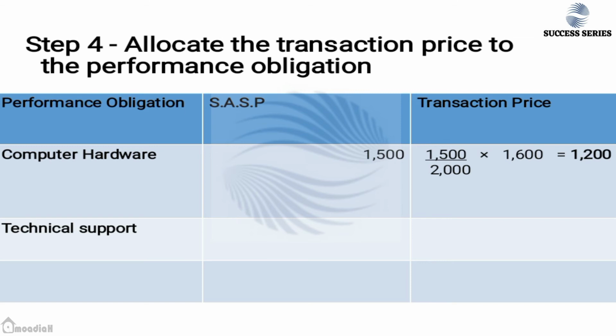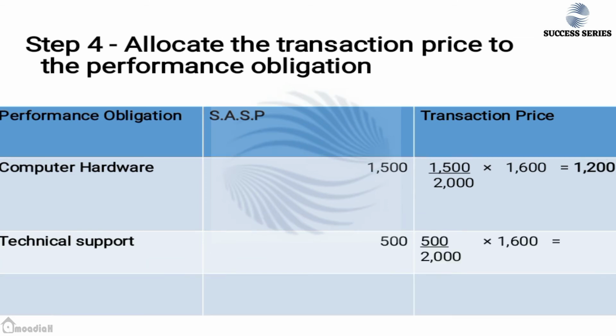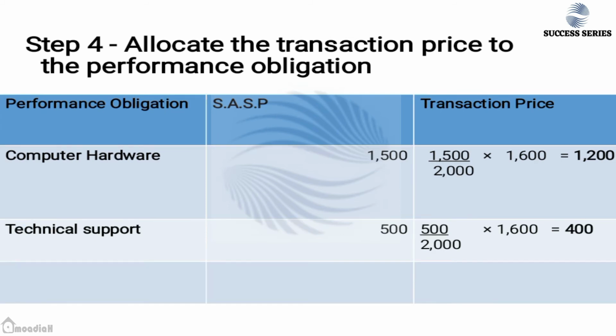Now let's look at the technical support. Its standalone selling price was 500. We'll pick this 500 divided by the total standalone selling price, which is 2,000, multiplied by the transaction price stated in the contract, which was 1,600, and now we get 400 as our transaction price.